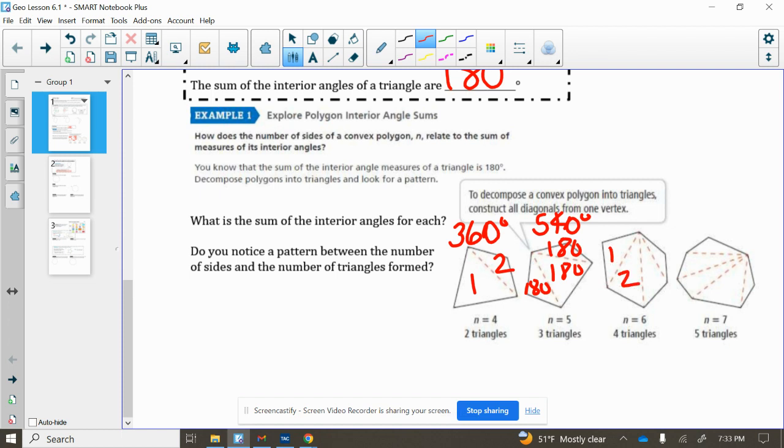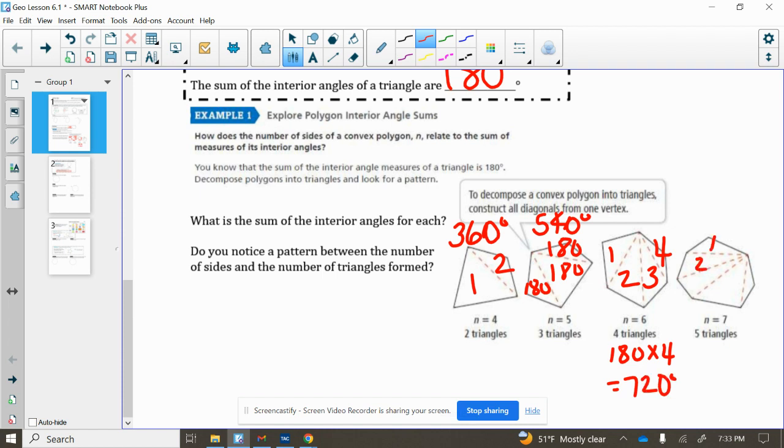Or there are 1, 2, 3, 4 triangles drawn in this hexagon, a six-sided figure. So if we add up 180 4 times, our total degrees would be 720.